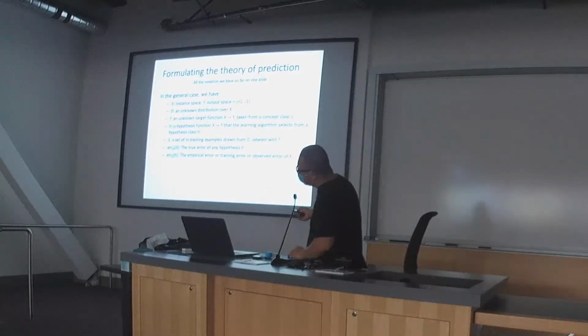And small h is the hypothesis, which is also a mapping from the instance space to the output space. And we use error S to indicate the empirical error, or the training error on the training set.